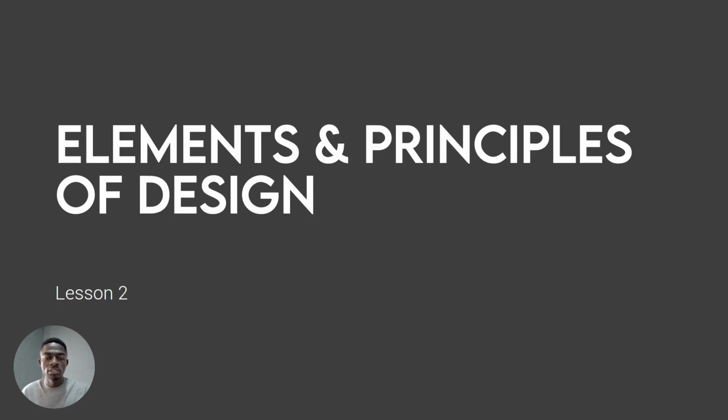Okay, so we are looking at elements and principles of design. What are some of the elements which make up a design and make it good? What are some of the principles that we have to bear in mind when making a design?